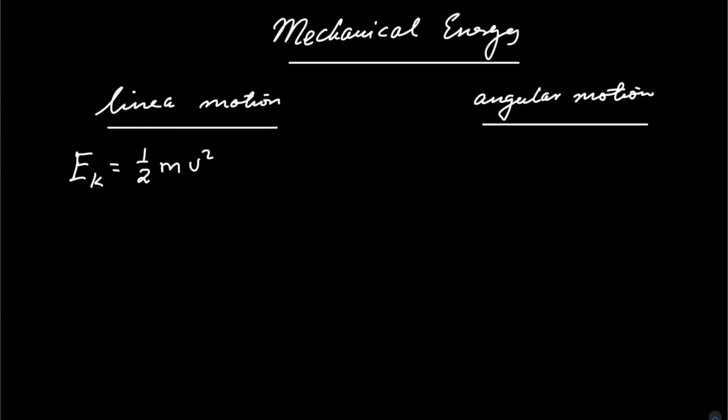The mass of the object gets replaced by something more befitting. Now, in angular motion, a similar equation can be used with what we refer to as rotational inertia.